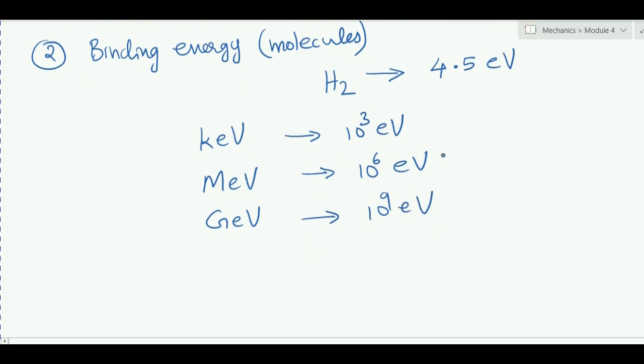These are used when we deal with subatomic particles or nuclear reactions, etc.